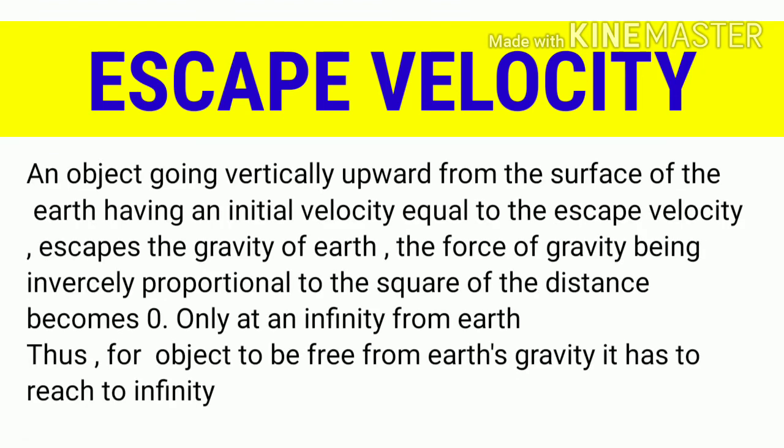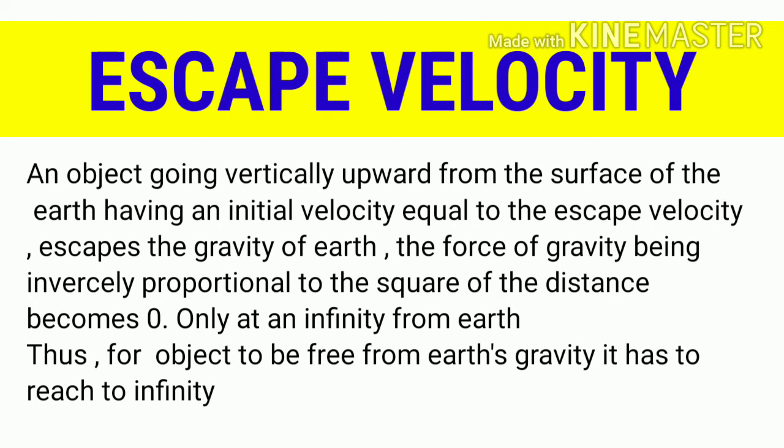An object going vertically upwards from the surface of the earth having an initial velocity equal to the escape velocity escapes the gravitational force of the earth. The force of gravity, being inversely proportional to the square of the distance, becomes 0 only at an infinite distance from the earth.